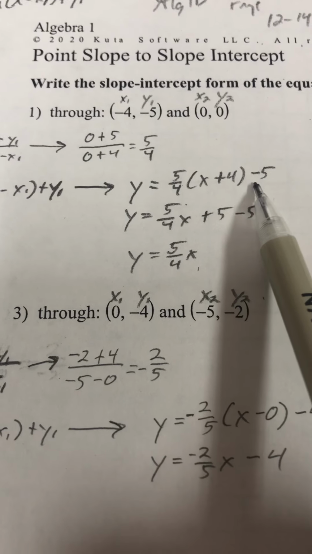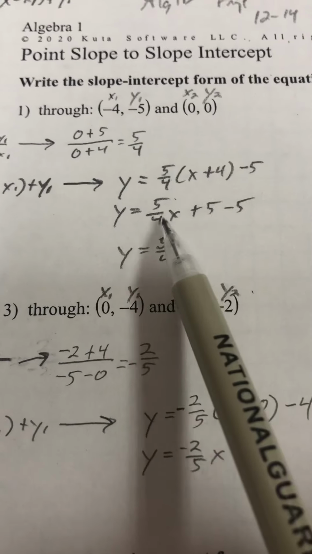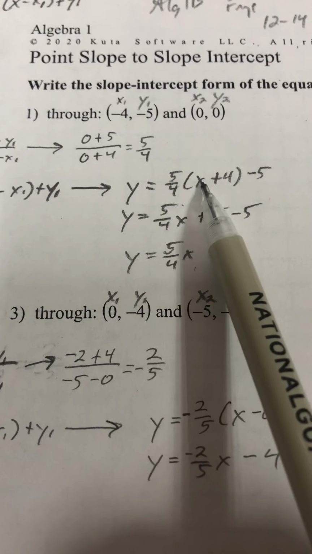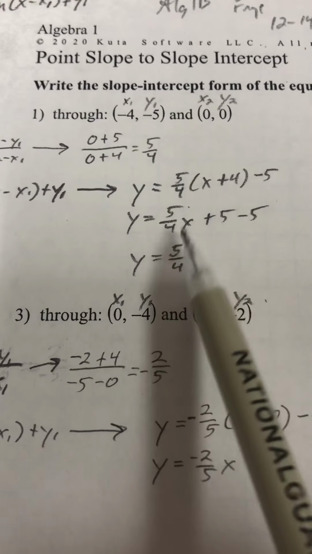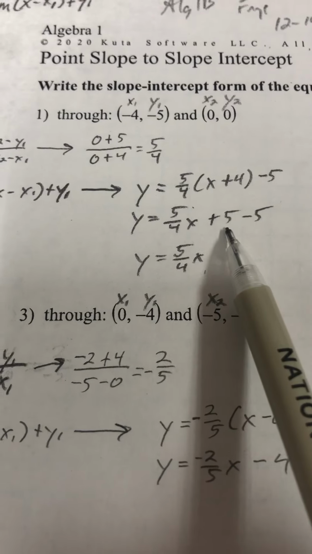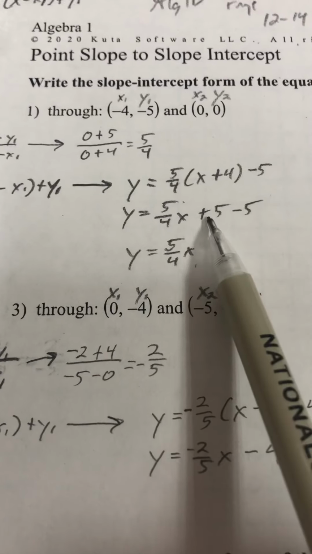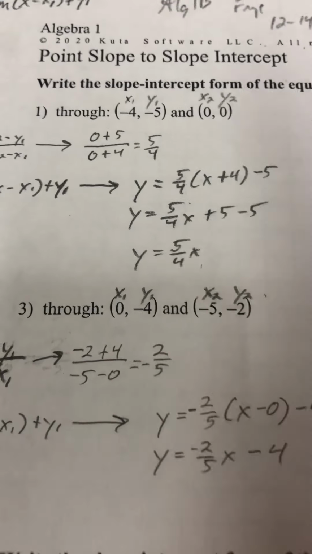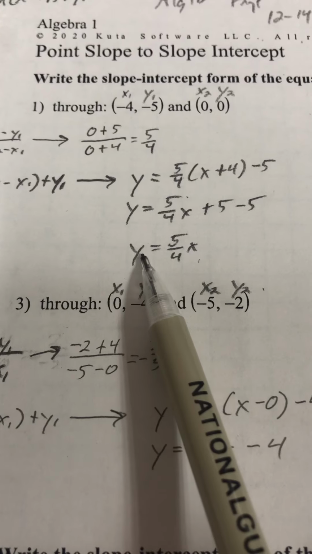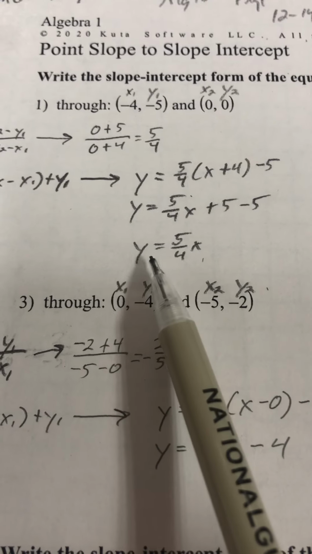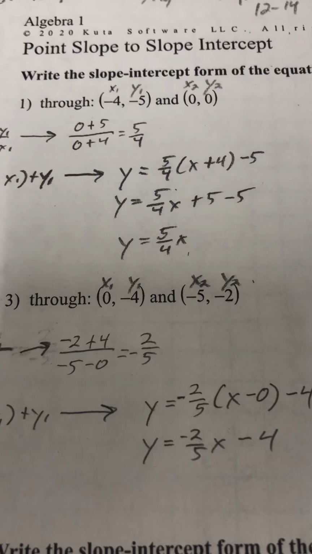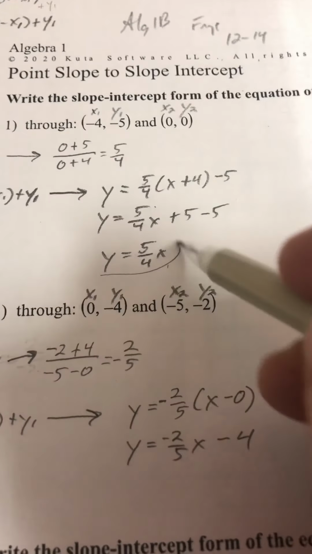So remember that. I work this out and I use the distributive property for my 5/4. 5/4 of 4 becomes 5. So I have 5 minus 5 back here. That's just 0. So my equation in slope-intercept form is y equals 5/4 x. And that's my final answer right there.